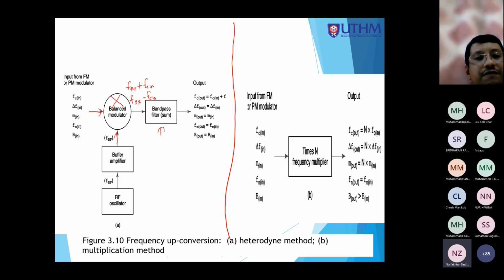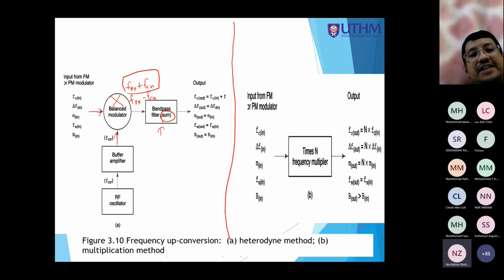Then we have a band pass filter, and it will select the sum frequency. The sum frequency here means that it will choose the upper sideband. Now you are going to see the characteristics of the heterodyning process.